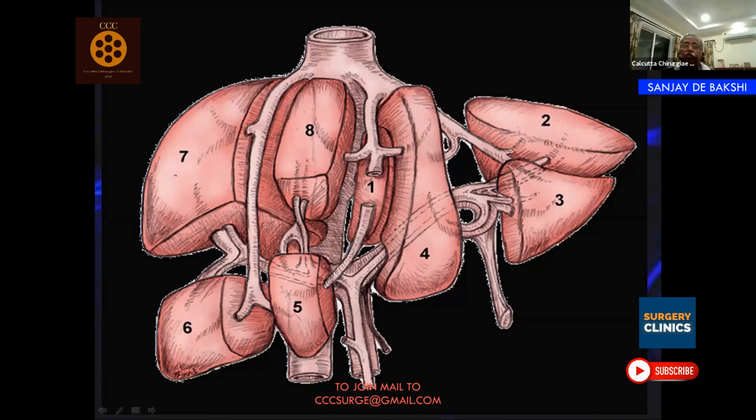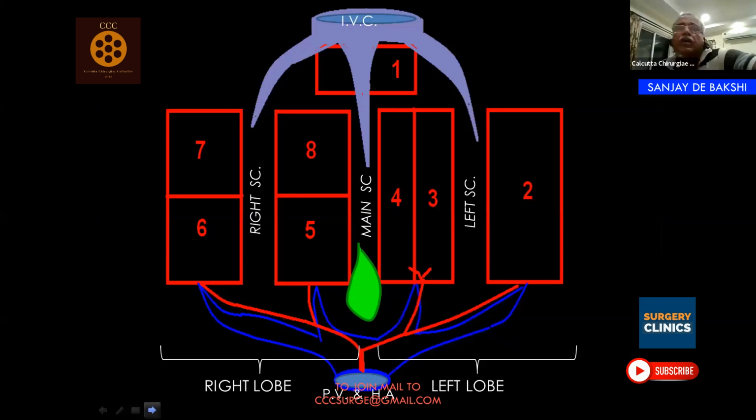Now, if I were to show you the correct position of my segments, see what happens. So that is the portal vein and the hepatic artery. And the drainage was up into the hepatic veins: the middle hepatic, the right hepatic, and the left hepatic.